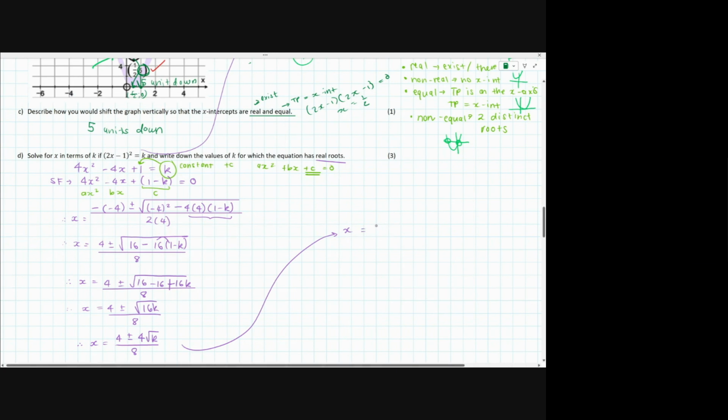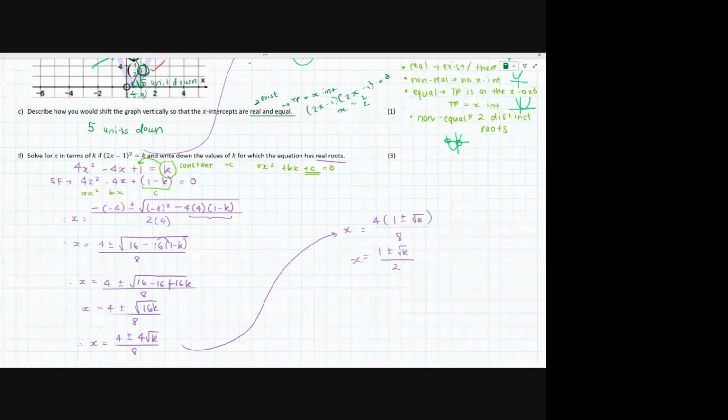So x is equal to 4 (1 plus or minus root k) all over 8. Now you can divide. 4 divided by 8 is a half. So 1 plus or minus root k all over 2. That is our value for x. We've just done the solution for solving for x. Seems like a lot of work for 3 marks, but there we go.